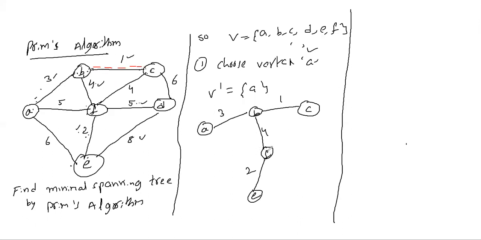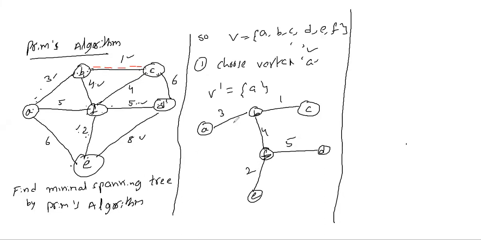This completed F. So now F to D 5 units will be there, C to D 6 units will be there. Which is the smallest one? 5. So you draw D, F to D 5 units.